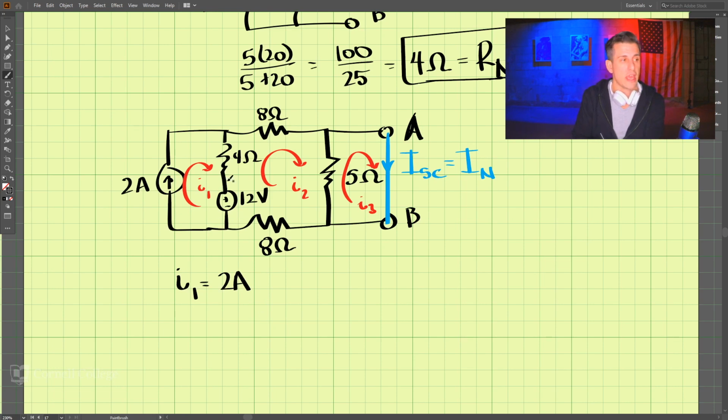So let's do KVL around this loop now, our second loop, starting here.